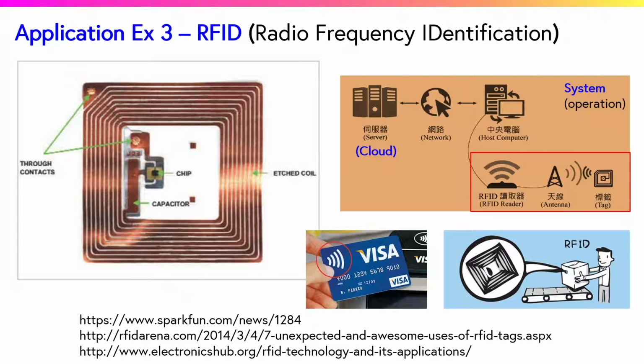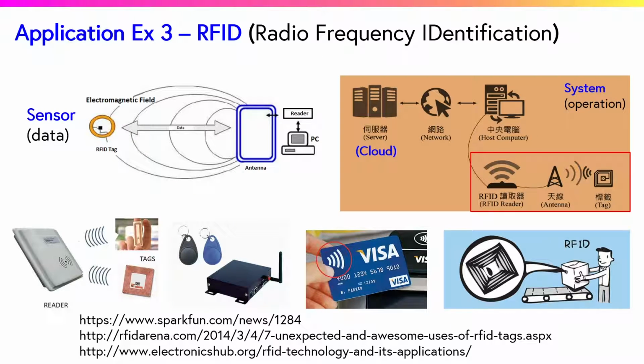The reader's EM fields will induce electricity based on this antenna on the tag. So the tag receives the EMF, the signal's energy, converts it to electricity, then gets energy to trigger the circuit on the tag. The data can then be transmitted. And to the right is the active one.